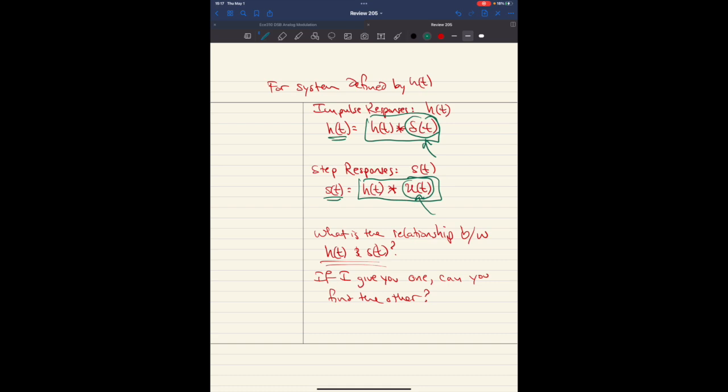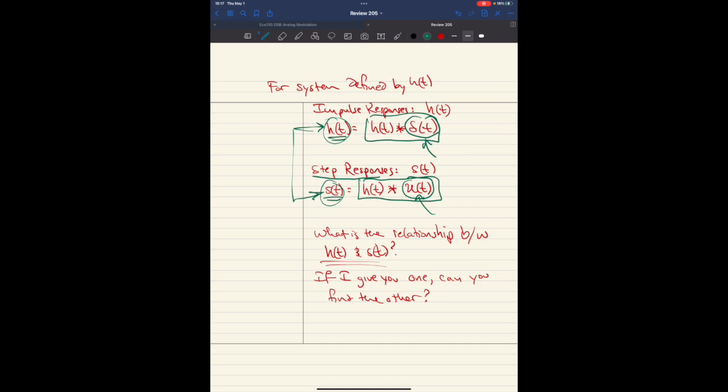In practice, the impulse function does not really exist in reality at all. We typically use step functions for real systems to probe them, and then we use the relationship between the impulse response and the step response to infer h of t given s of t.